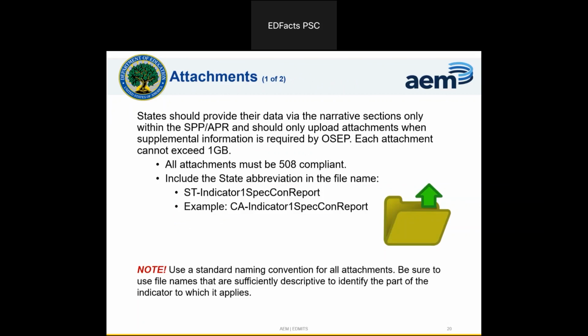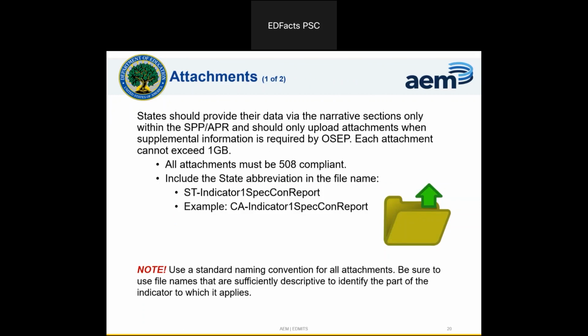Okay, so moving on to attachments. States should work towards only providing data in the narrative or descriptive sections within the SPP APR collection tool. Attachments should only be uploaded if supplemental information is absolutely required by OSA.